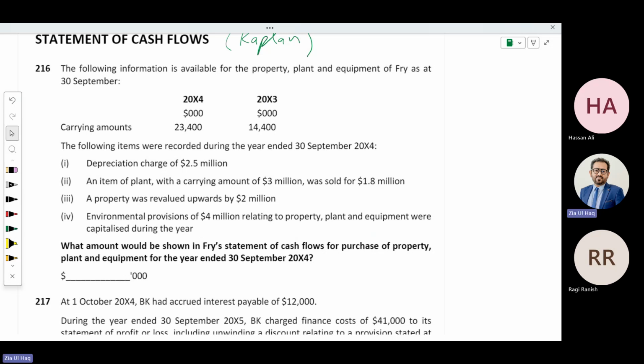Carrying amount of asset is given, opening, closing. What they ask: what amount would be shown in a statement of cash flow for purchase of property, plant and equipment for the year ended 30th September 20x4? Can you try this? Open property, plant and equipment account, put the opening balance, closing balance, adjust the adjustments, and find the addition that we just did in the previous question.